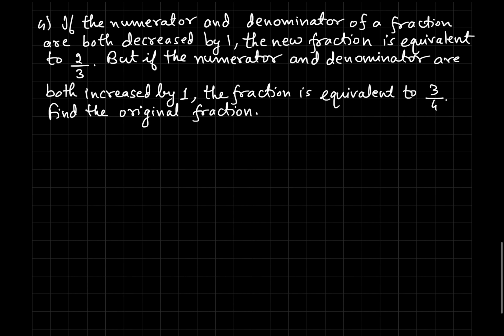Okay, next question says, if the numerator and denominator of a fraction are both decreased by 1. So let us assume the fraction numerator upon denominator be x upon y, that is, your numerator is x, denominator is y.